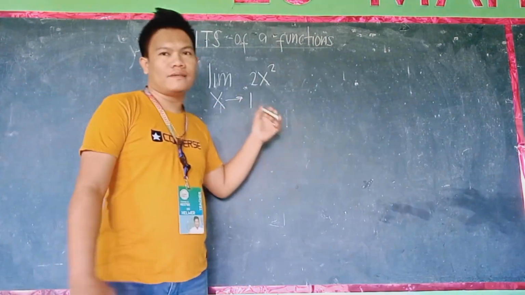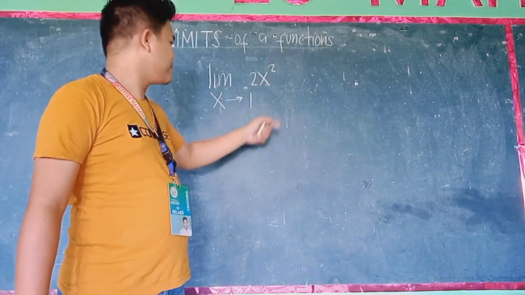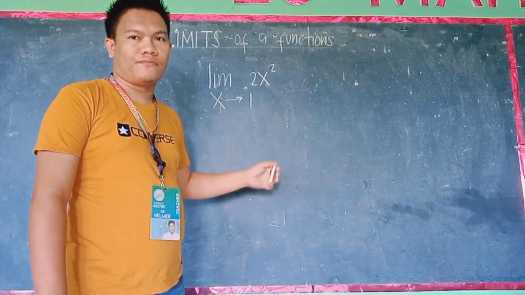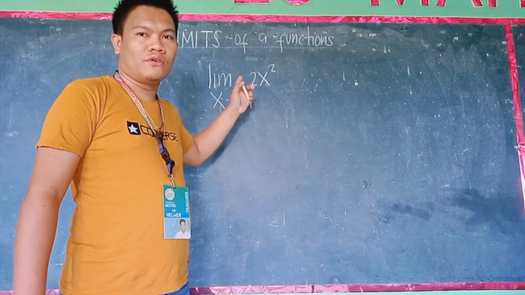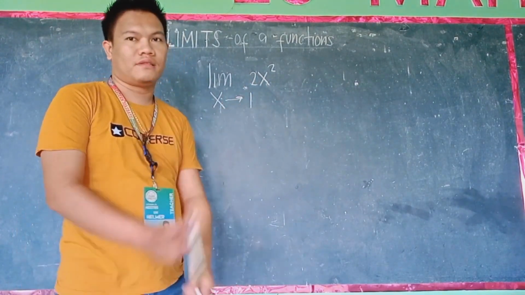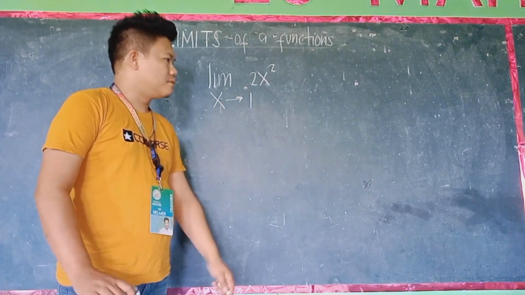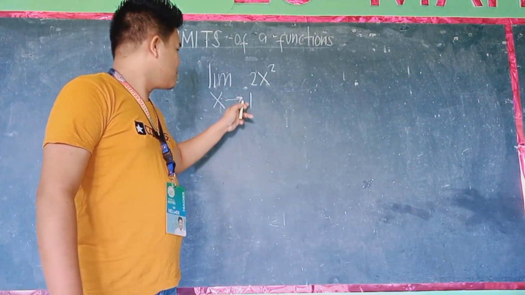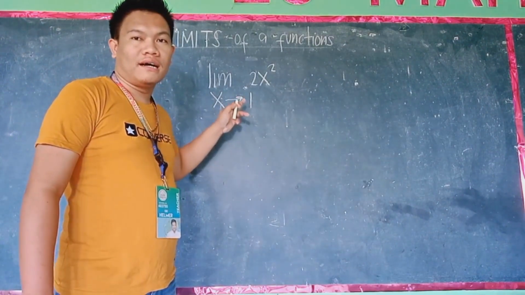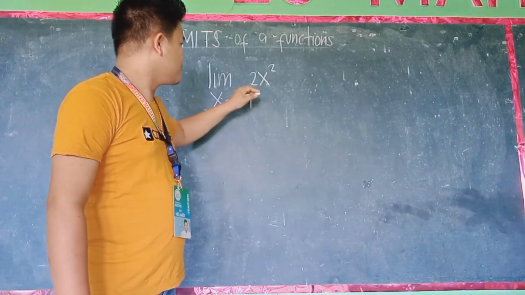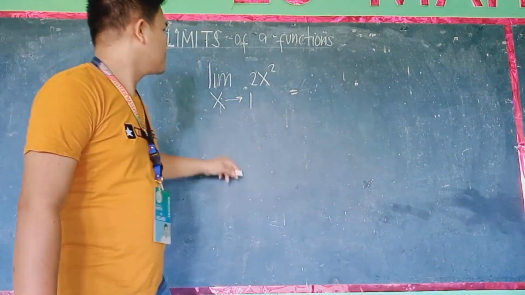Consider this example, class. The limit of 2x squared as x approaches 1. How do we solve this? The solution is to substitute the value of x.